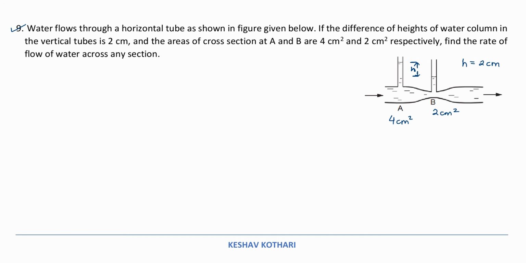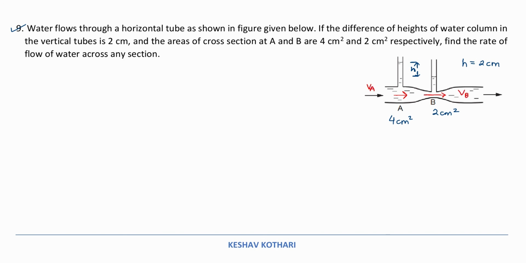So if I deal with this particular problem, I'm stating over here that at this particular point A, the velocity is VA, and at this point B, the velocity is VB. So I can mention over here that the velocity at A be VA and that at B be VB.